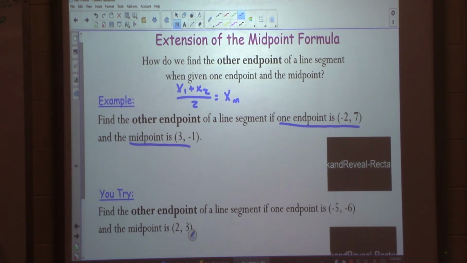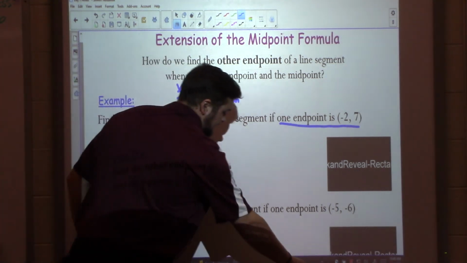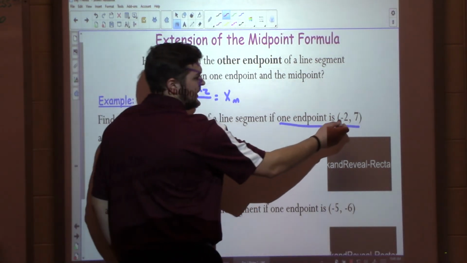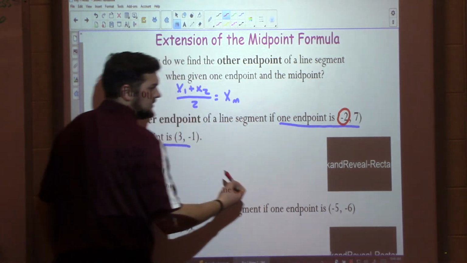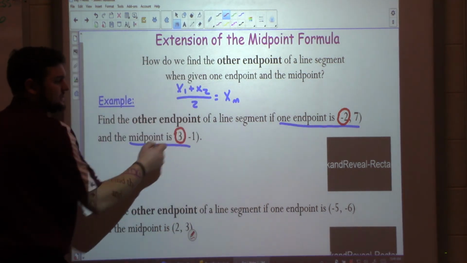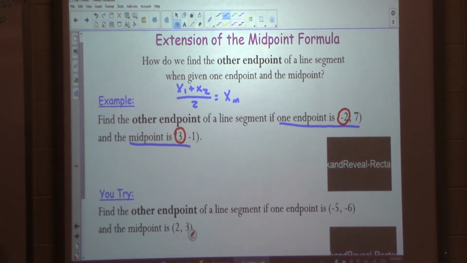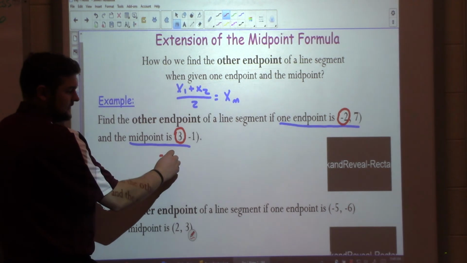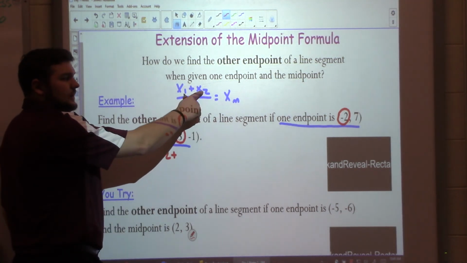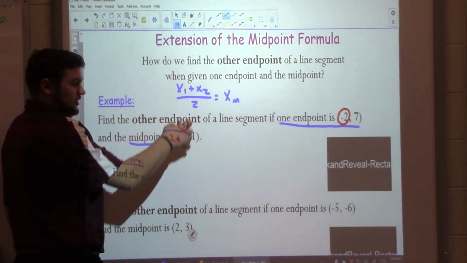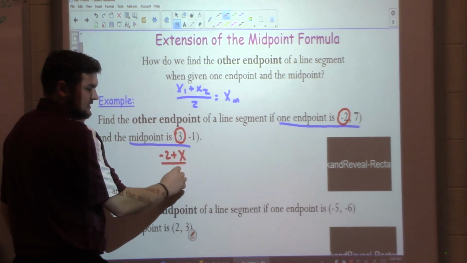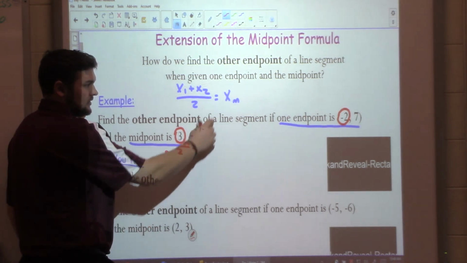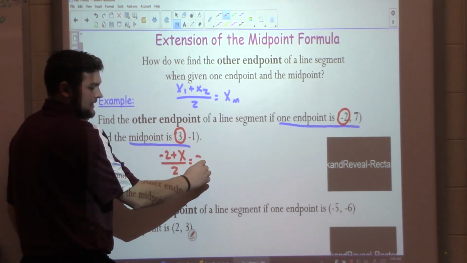So, if I look at that, and I look at what I'm given, 1 endpoint x value, and the midpoint x value, do you think maybe I could plug those 2 values in up here? I know we could. Let's try it. -2 plus, do I have a second endpoint? No, so that stays x, over 2 equals, my midpoint is 3.